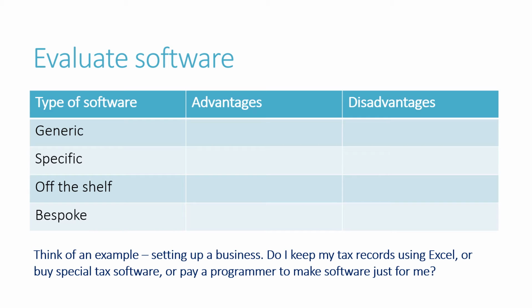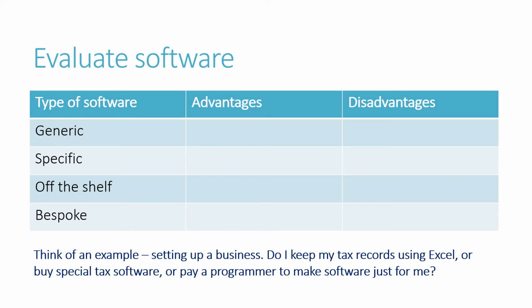For example, if you were setting up a business, you'd have to keep tax records of all your income and expenses. The generic option would be to buy spreadsheet software such as Excel and adapt it by entering the right columns and rows to create a tax record. An alternative would be to buy specific software which is designed just to do one thing, in this case tax.